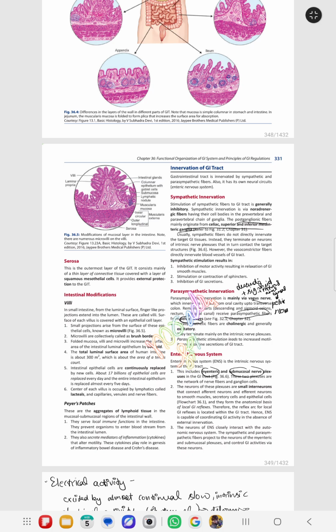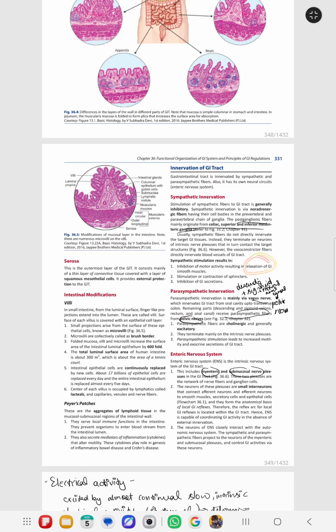Noradrenergic fibers originate from the celiac, superior and inferior mesenteric ganglia, and sympathetic stimulation results in inhibition of motor activity.